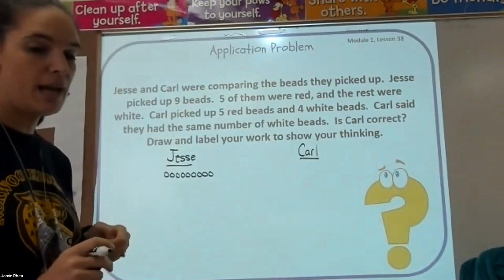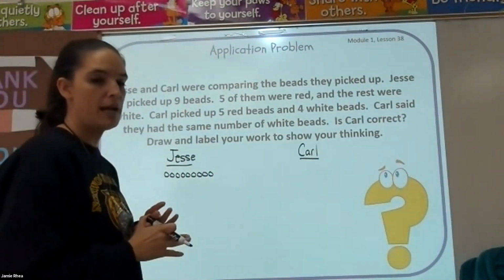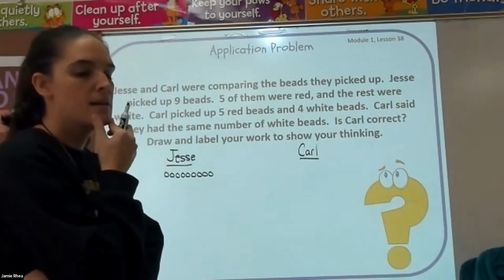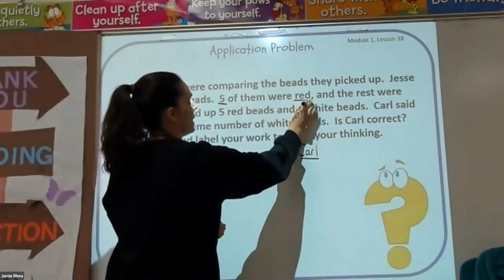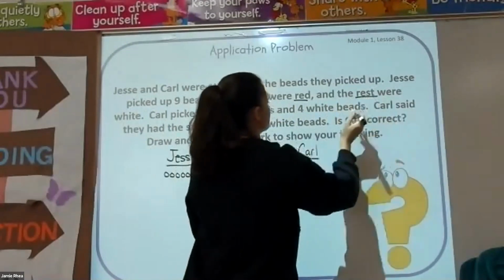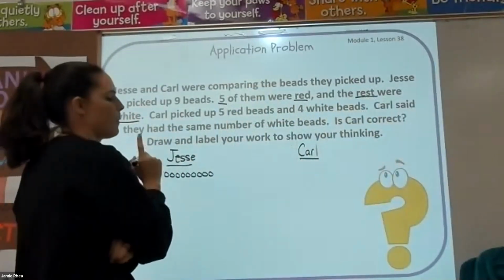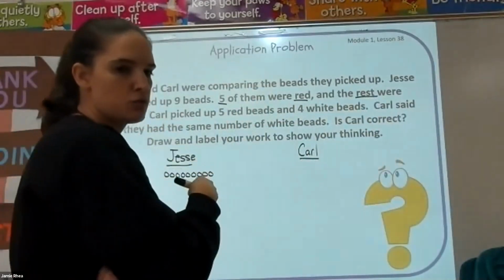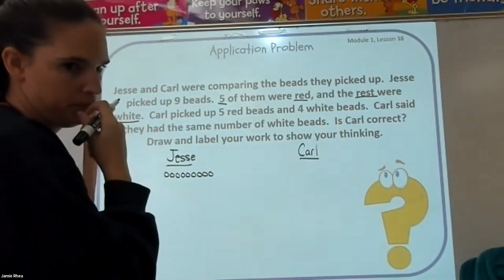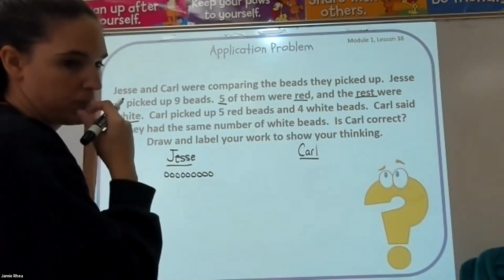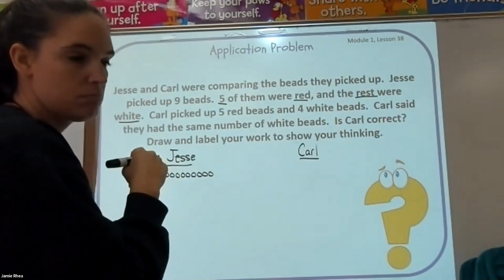5 of them were red and the rest were white. There are some clues in there. I've got 5 that were red and the rest were white. So how can I use my drawing and show that 5 of those beads are red? Color 5 in.